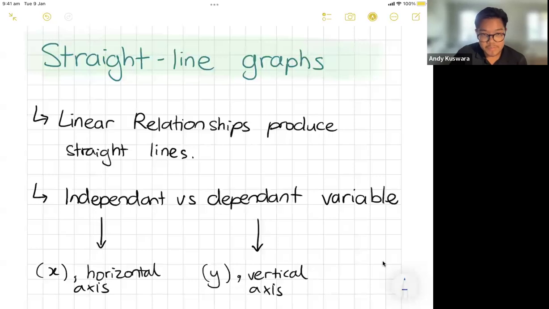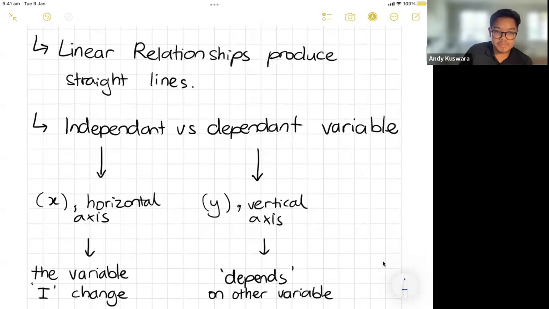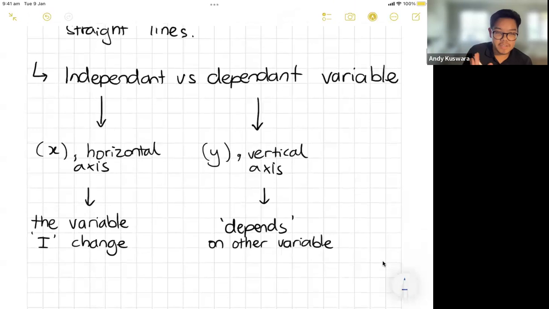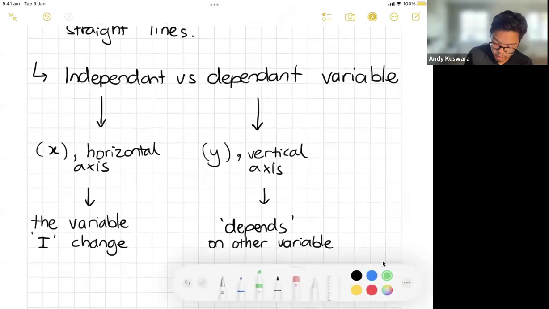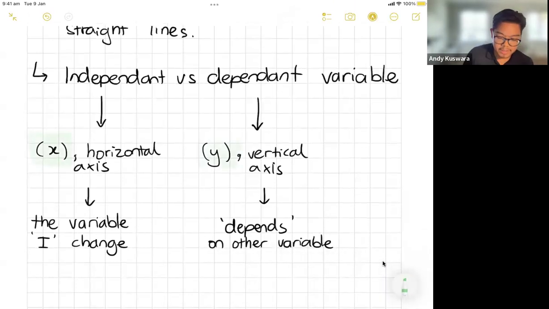Now, these linear relationships, as we said before, produce straight lines. There's a couple things to note here, and I want you to take careful note. There's always going to be two variables because those are the two things that we relate to each other, hence the relationship. You have an X and you have a Y. X is always going to be your horizontal axis and also what we call your independent variable.